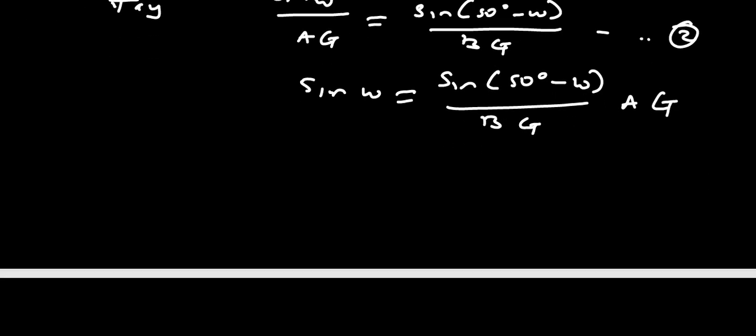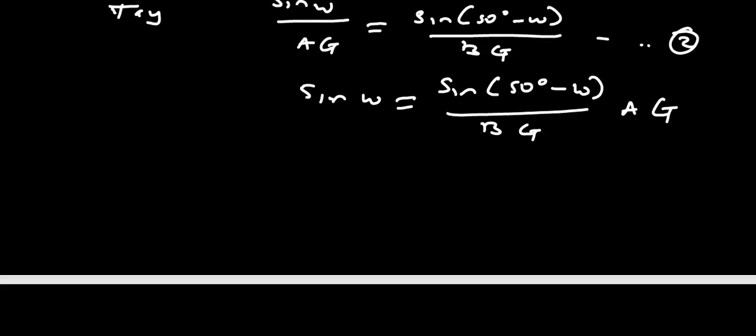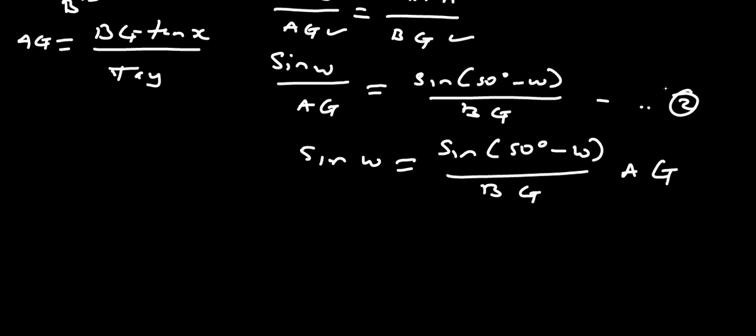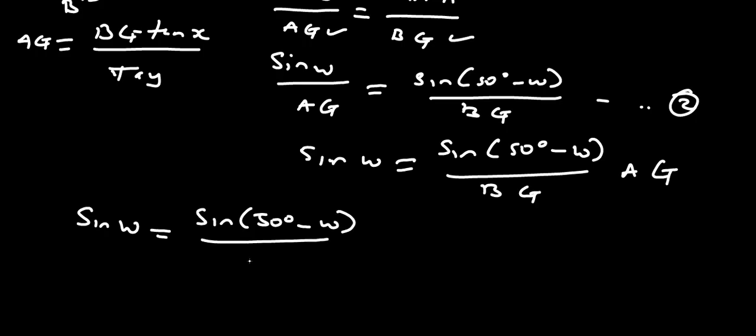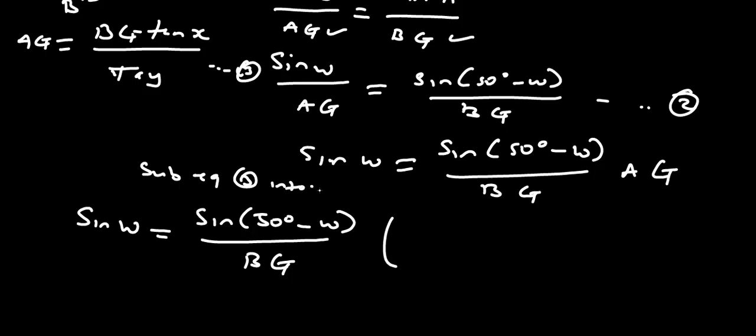I want to make things clearer. We have sine of 50 degrees minus W divided by BG. Now I'm going to call this equation 3, and substitute equation 3 into equation 2.